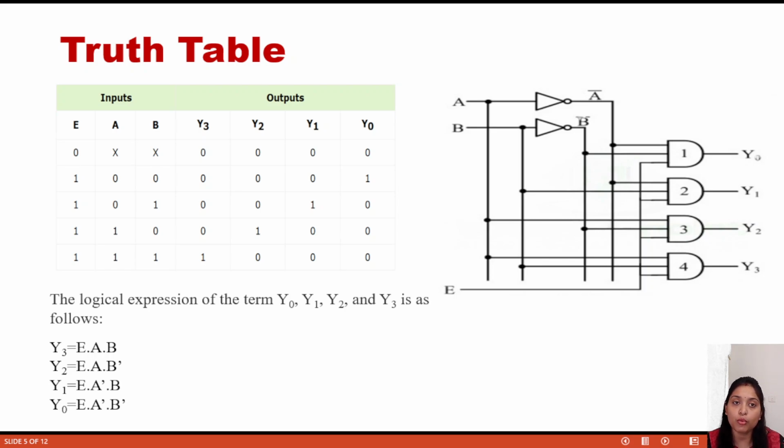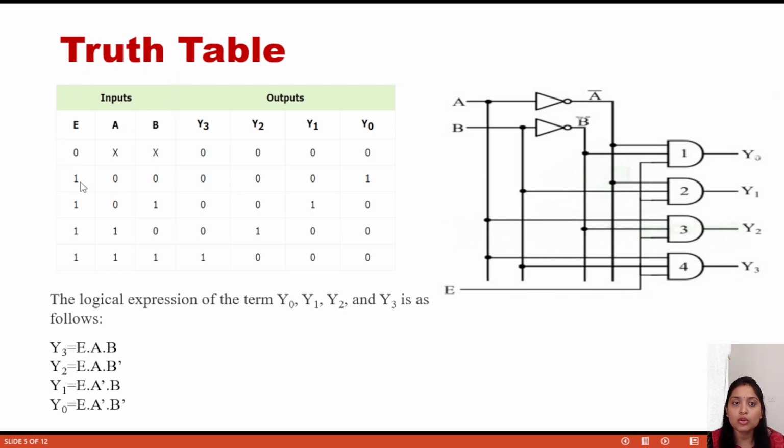Only when the enable input is 1 will the circuit be in the working condition. When enable is 0, whatever the combination of A and B, it doesn't matter, the circuit will not work.